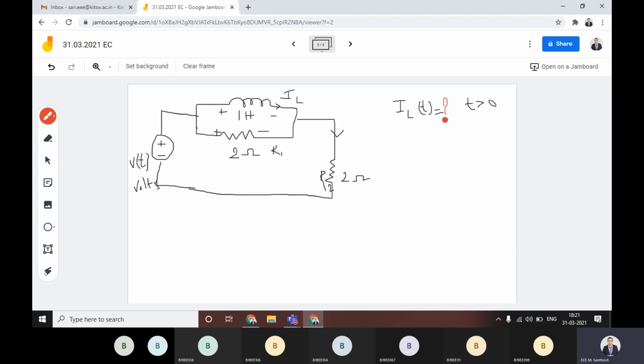They are giving another clue also. The voltage V of t is equal to 1 volt for t greater than 0, and 0 volts when t is less than 0. Is that clear?